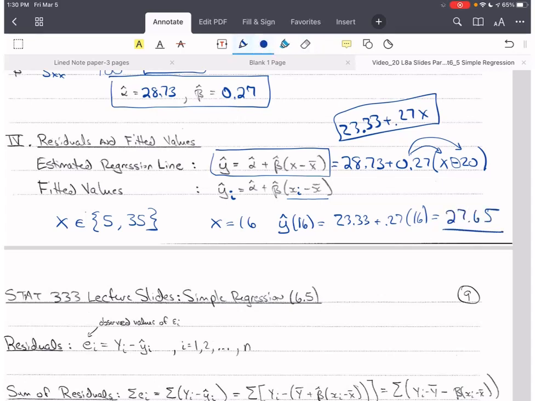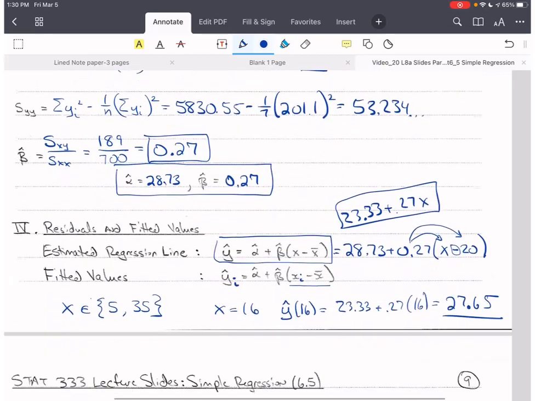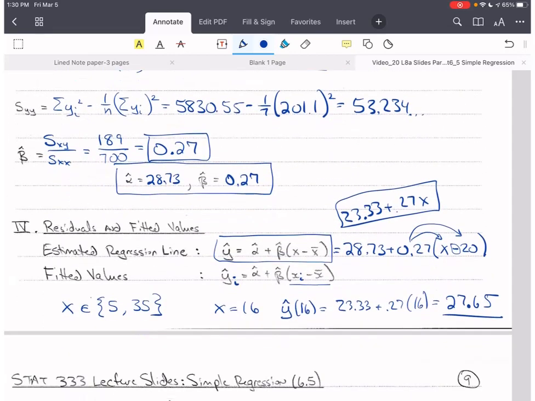This is my predicted value for x equals 16. Now if I look at my data, 27.8 at 15, 27.65 at 16, those are fairly close values. So that tells me that I'm closer.